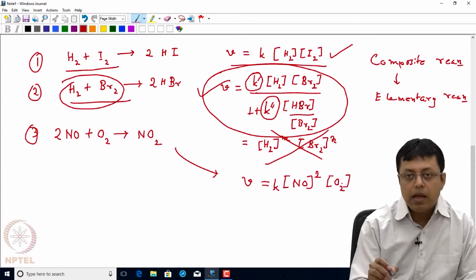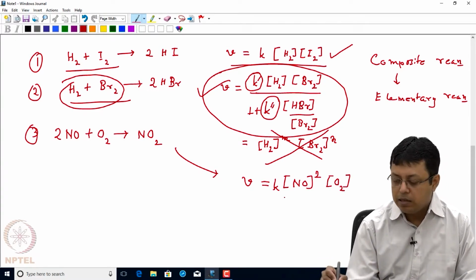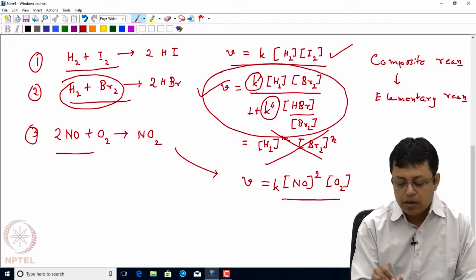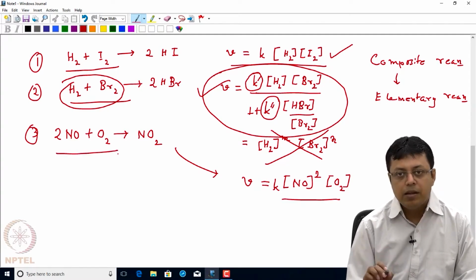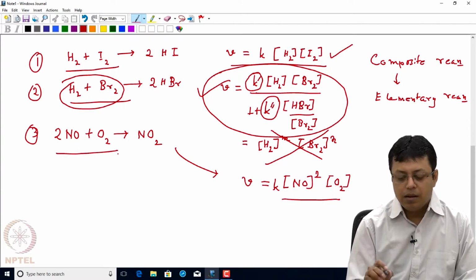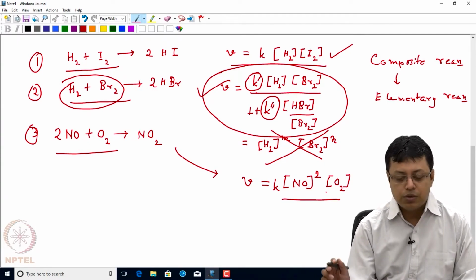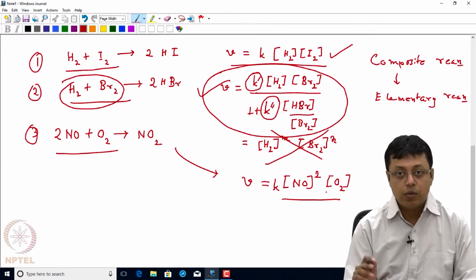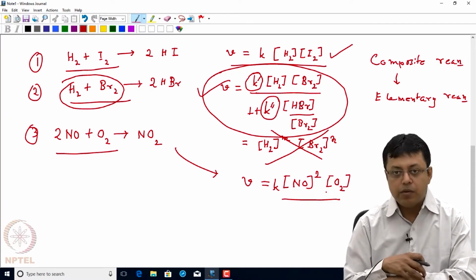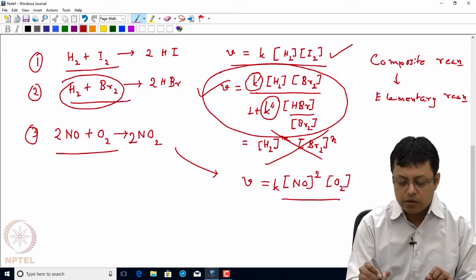Now again, you may have a notion that it is probably an elementary reaction because I see that the stoichiometries are exactly appearing in the rate law also, because two molecules of nitric oxide react with one molecule of oxygen, giving you two molecules of nitrogen dioxide.